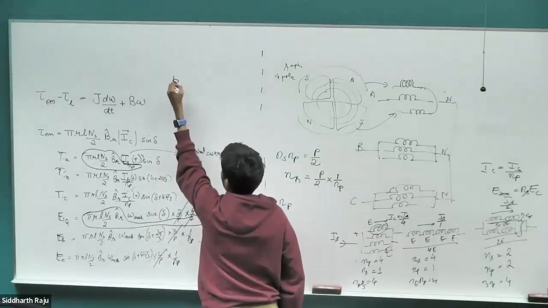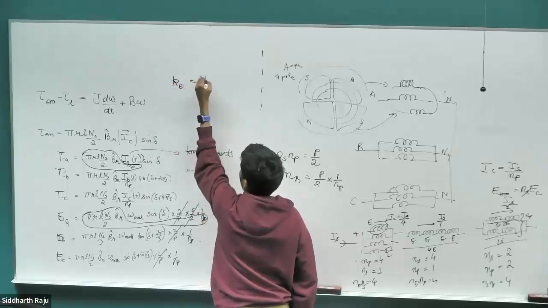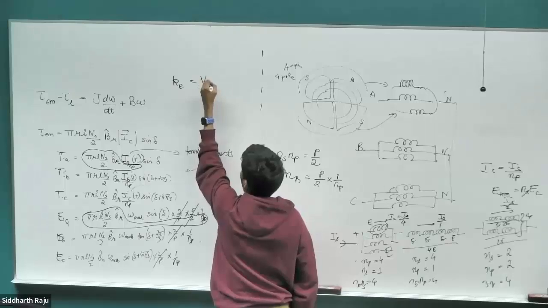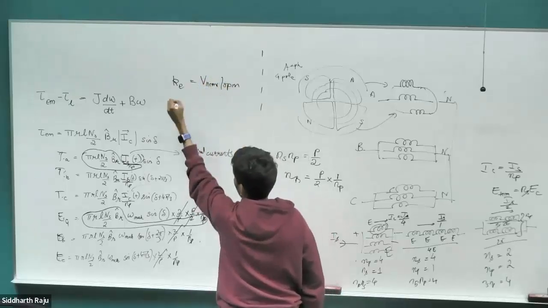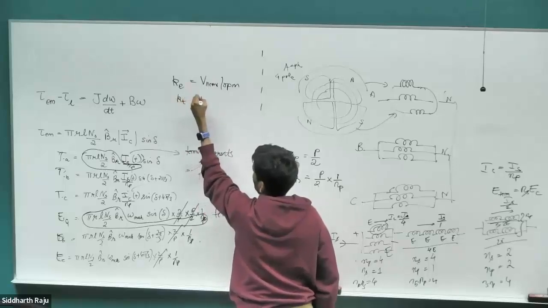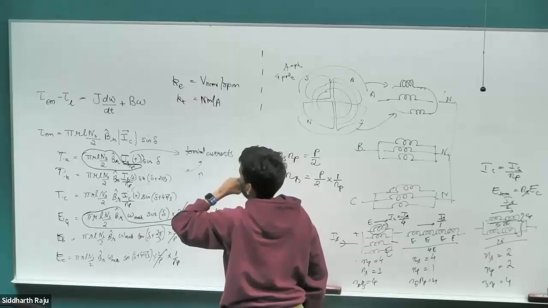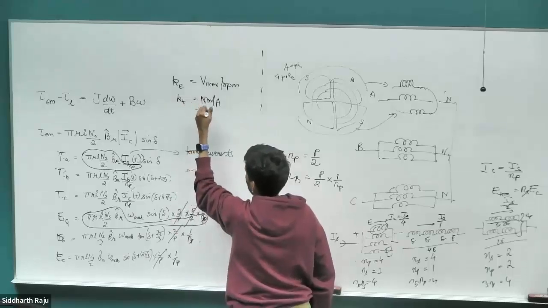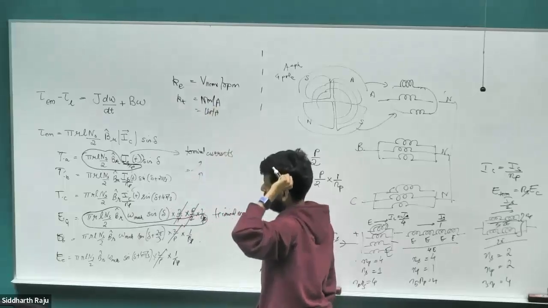So let's say you have your KE as some line-to-line voltage RMS per RPM. Typically, that's the normal value that's given in the data sheet, and KT as some Newton meter per ampere. Of course, these two terms won't match up. Or let's say you had KT in terms of pound-meter per ampere or something, not in SI units.